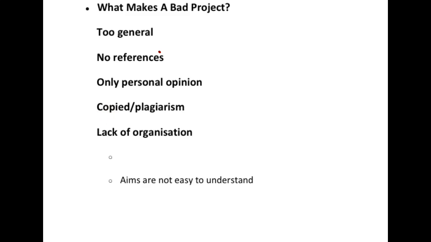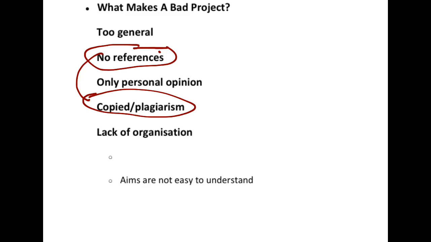The section on referencing and plagiarism go together, because if you include references correctly, then that's going to help you to avoid being accused of plagiarism, which means presenting someone else's work as your work.